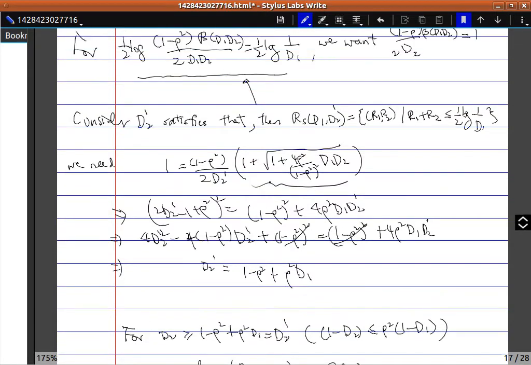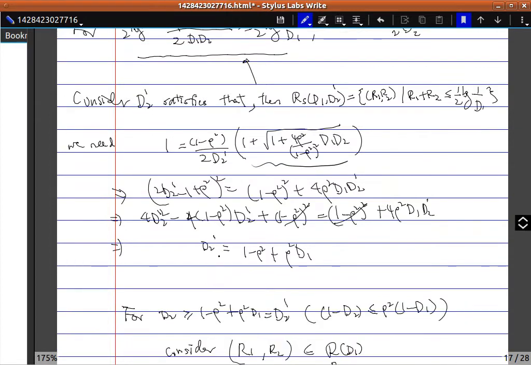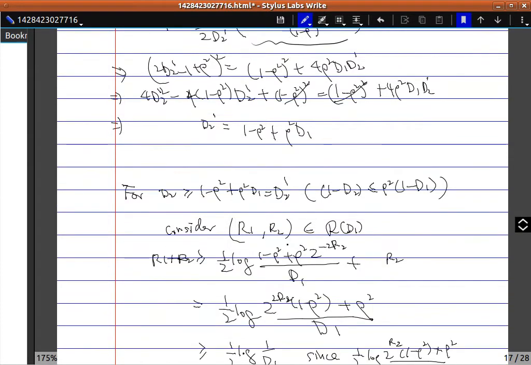So at the point when these two overlap, let's call this distortion, the required distortion, the target distortion, d2 pi here, it will be equal to 1 minus rho square plus rho square d1.